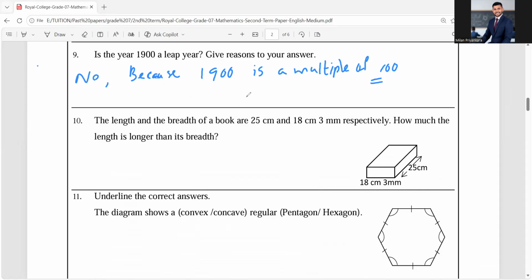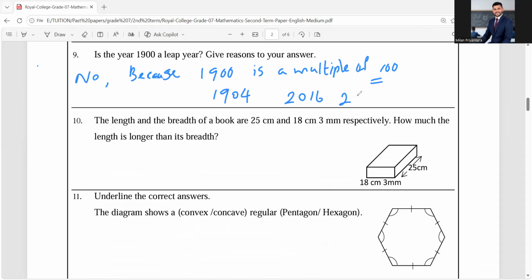If it is a multiple of 4, it's a leap year, but it must not be a multiple of 100, right? If it is 1904, this is divisible by 4, so this is a leap year. And 2016 is also divisible by 4, so it's a leap year.